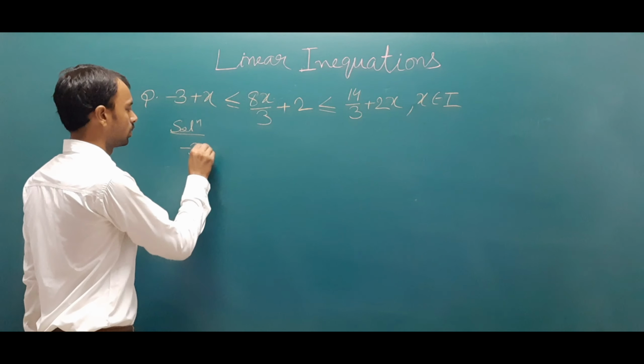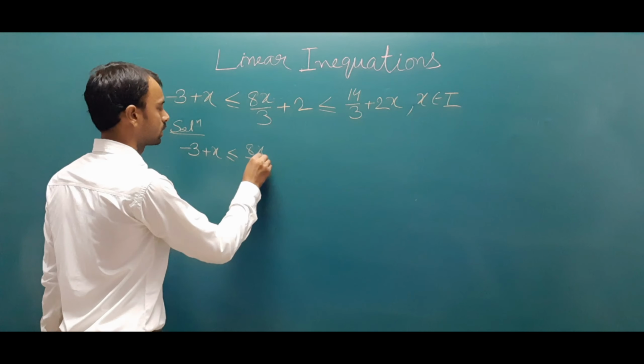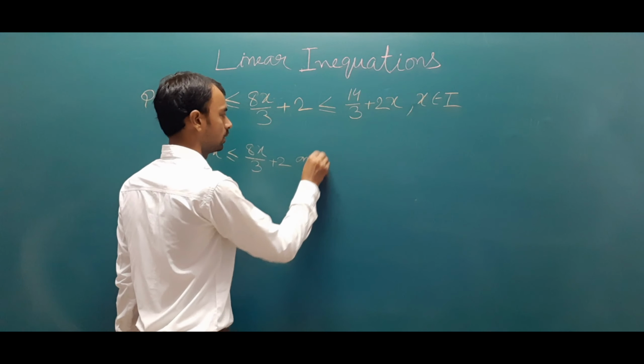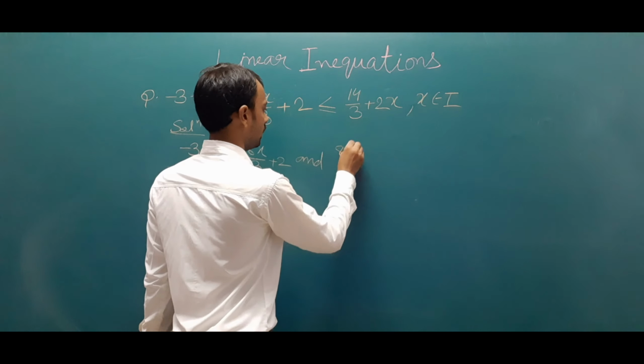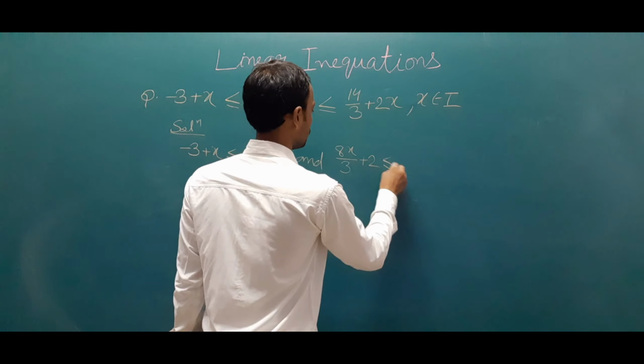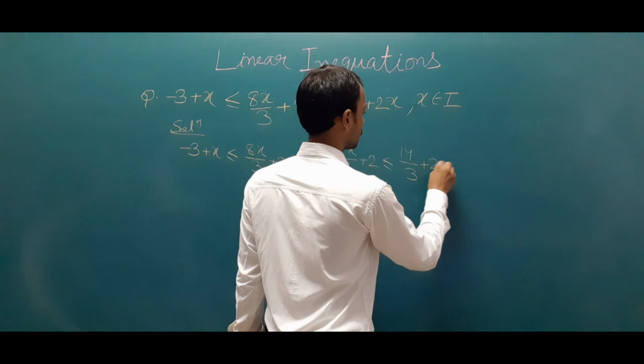Minus 3 plus x is less than or equal to 8x by 3 plus 2, and 8x by 3 plus 2 is less than or equal to 14 by 3 plus 2x.